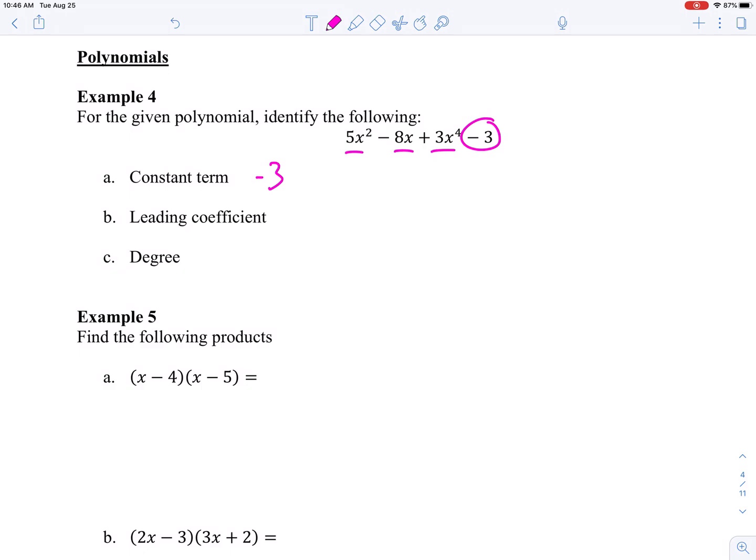Alright, part B is the leading coefficient. So leading means in front, right? Kind of, but be careful here, right? If you remember back to your high school algebra days, the one with the highest exponent is the leading term.